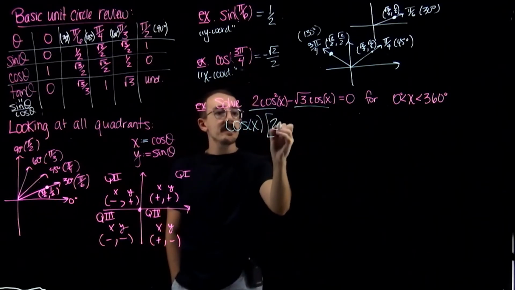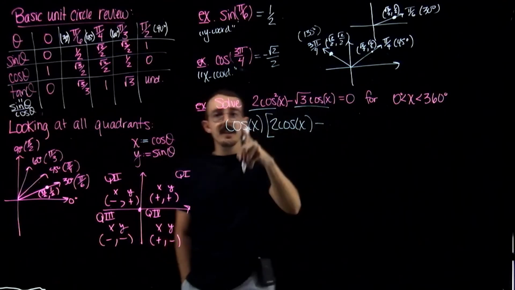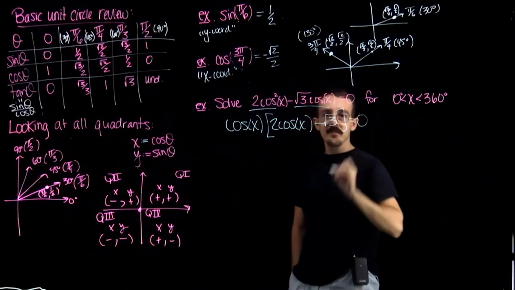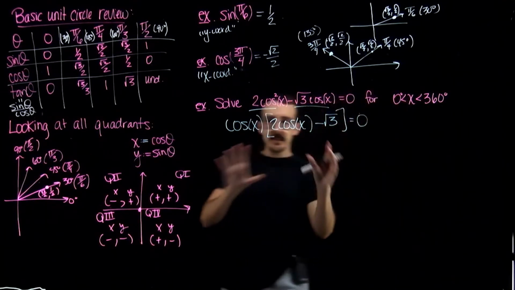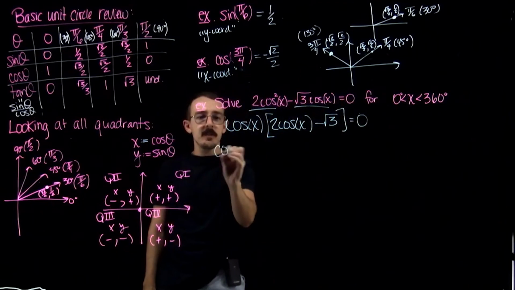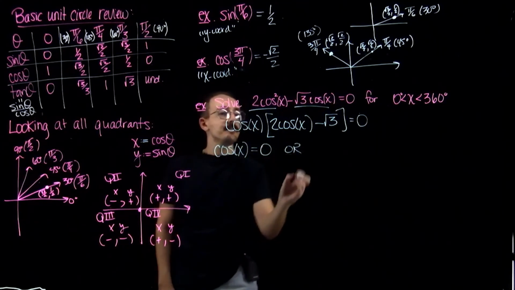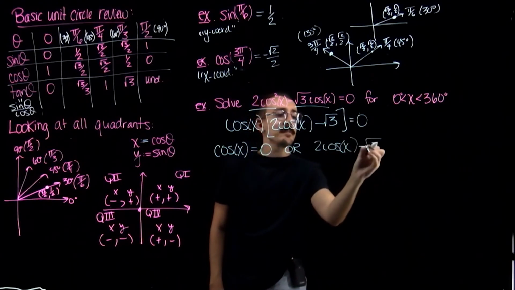Well, I have 2 cosine left, minus, I've removed the 1 cosine here, put it in front. So root 3 is the only thing left in that term. I have this factor times this factor is 0. So I can split this up into 2 smaller problems. So either cosine of x is 0, or 2 cosine of x minus root 3 is 0.